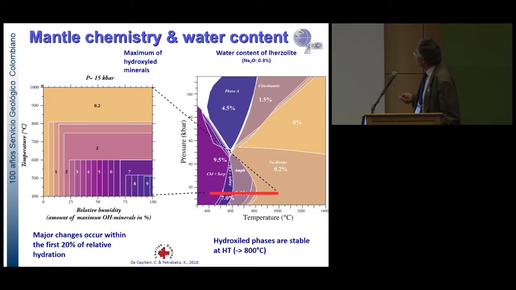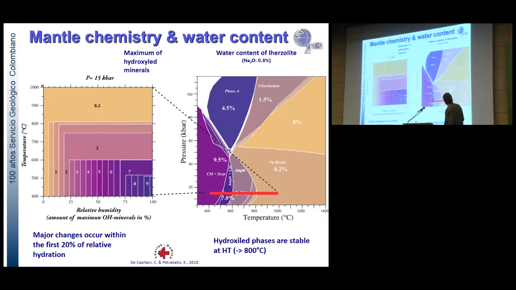And what happens is that almost all of the mantle contains minerals that are OH group bearing, like sodium-bearing amphibole and biotite, stable up to 0.2% in the mode. Here we have chlorite and serpentinite, so up to 10% water can be stored away, and there is only a very little part of the mantle where there is absolutely dry mantle.